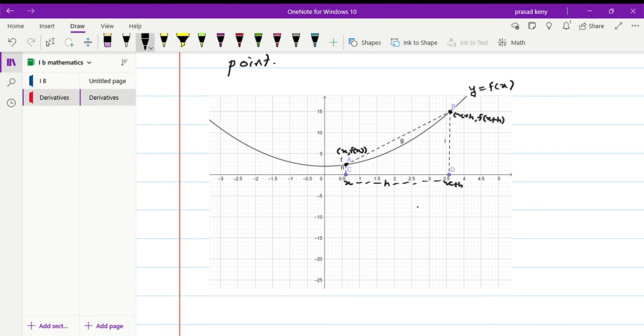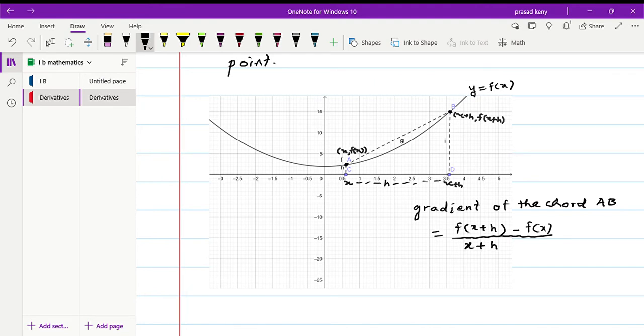So the gradient of the chord AB is difference in y coordinates, that will be f(x plus h) minus f(x), divided by difference in x coordinates, that is x plus h minus x, which is f(x plus h) minus f(x) upon h.